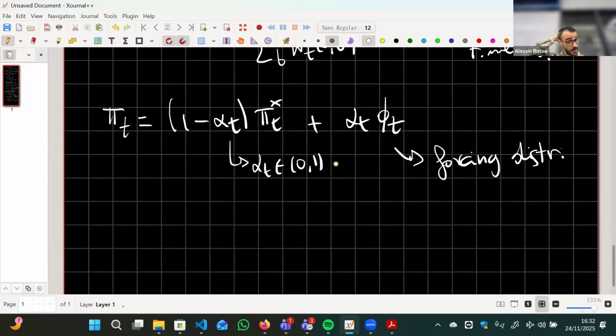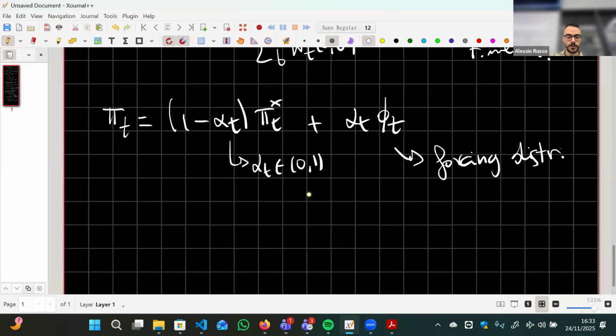So now the problem becomes, how do we choose this forcing policy? And in this case, we are going to use a different method compared to the one we used in the bandit case. In the bandit case, we were using a deterministic policy. Probably we can also do something similar here, but the computation will just become more messy. So it's usually easier to take this convex combination and define this forcing distribution.